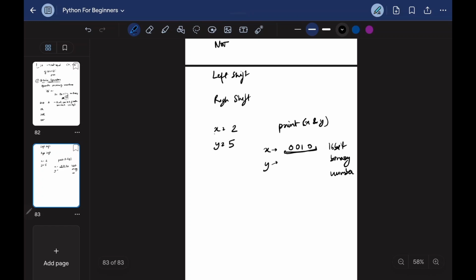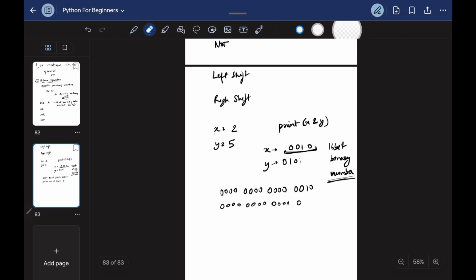So typically the X will look like 0000 0000 0000 0000 with the binary for 2, and Y is 5, so 5 will look like 0101.